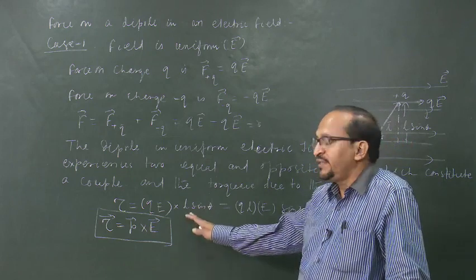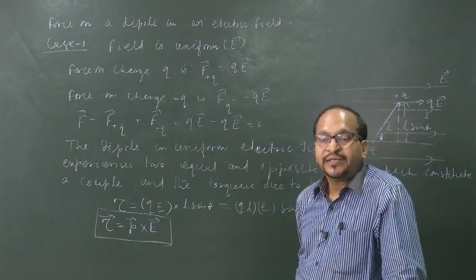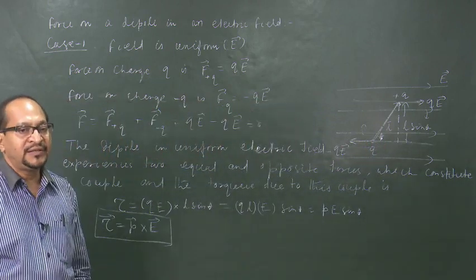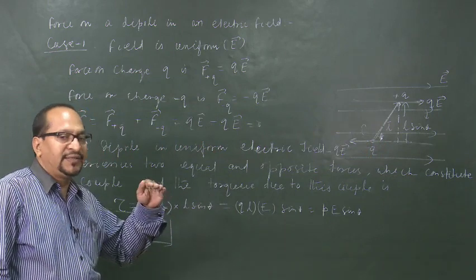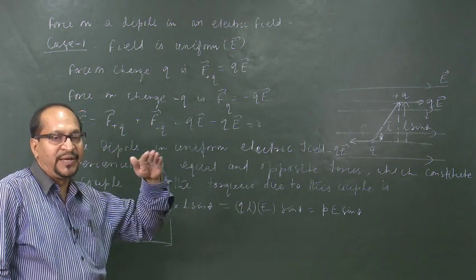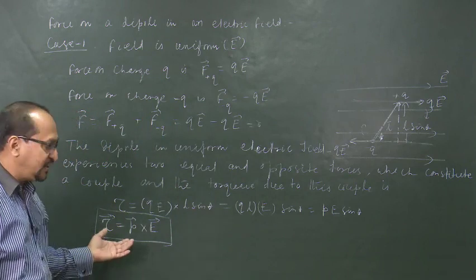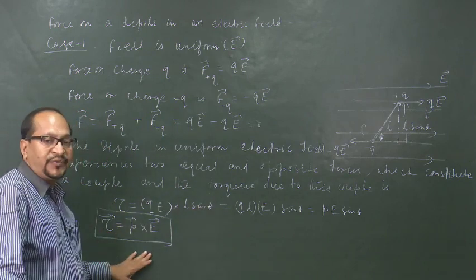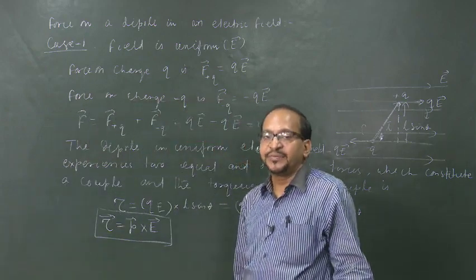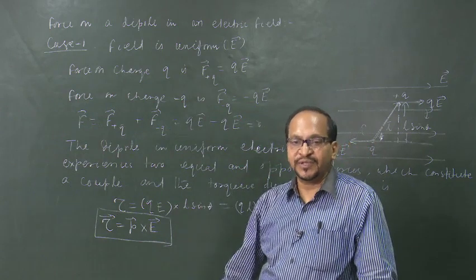We will see that this phenomenon comes into the picture, where polar molecules, when subjected to a uniform electric field, experience this torque, and this torque will tend to align all those polar molecules or dipoles in the direction of the field. That we will discuss more in that chapter. So, this is a very important relationship: a dipole placed in a uniform electric field experiences a torque, which tends to align the dipole in the direction of the field.